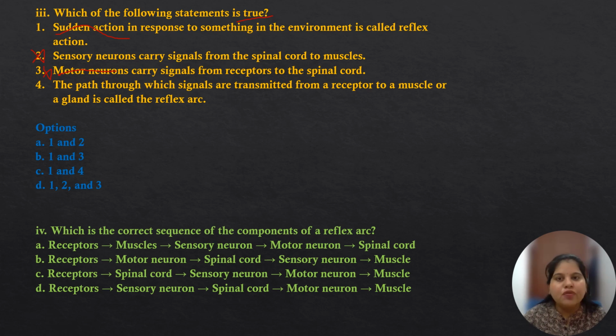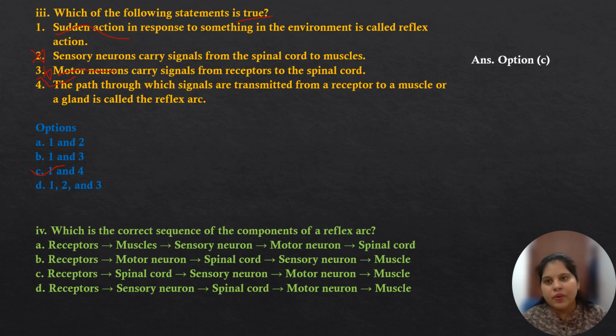Yes, the path followed in the reflex action is known as the reflex arc. This statement is also true. So according to you, now which statements are correct? First and fourth. So according to us, option C should be the correct.